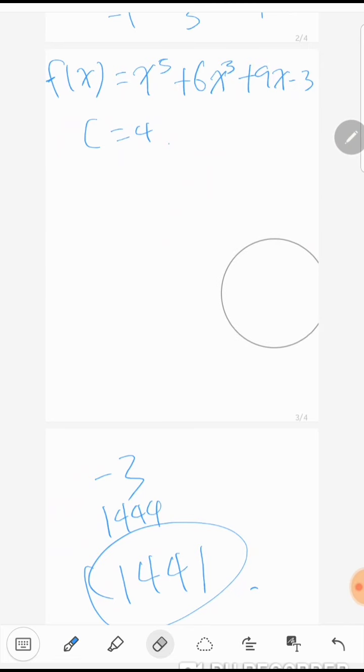So let's erase that, and then let's try again with just directly putting in the number.